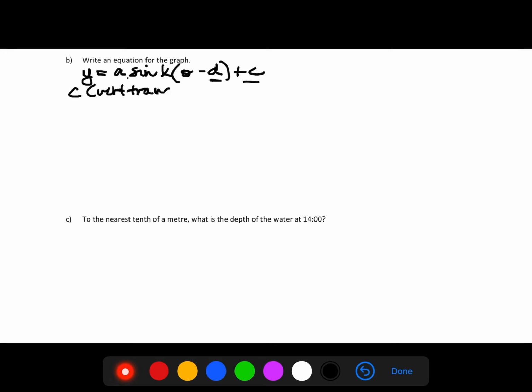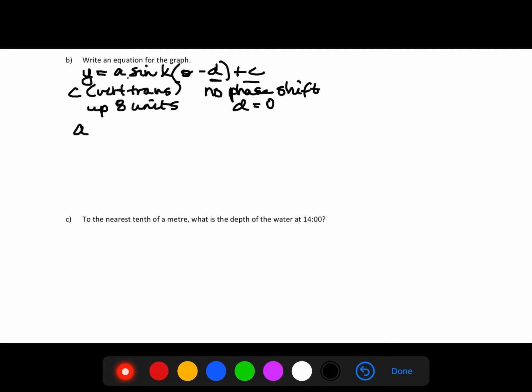It can be represented by anything. We just have to know what it means where it's placed. So we need to calculate our a and our k. We already said that c, our vertical translation, is up 8 units. So we're going to have a plus 8 at the end.